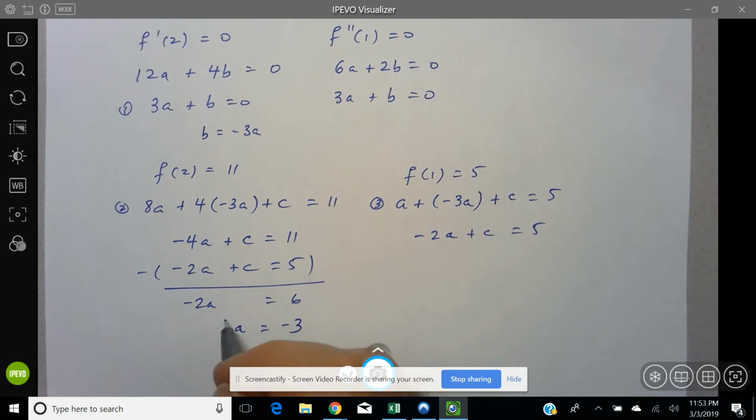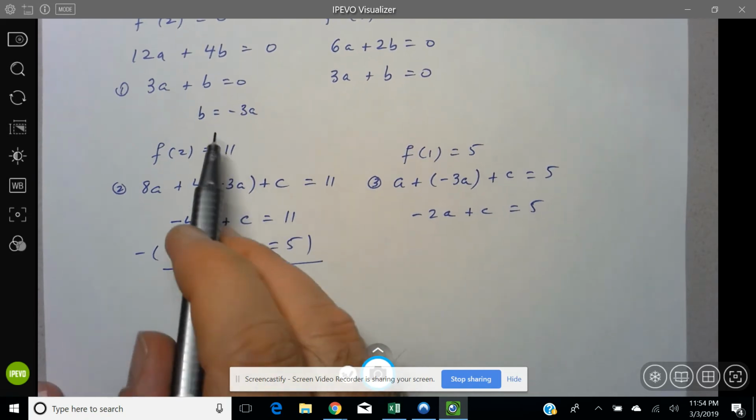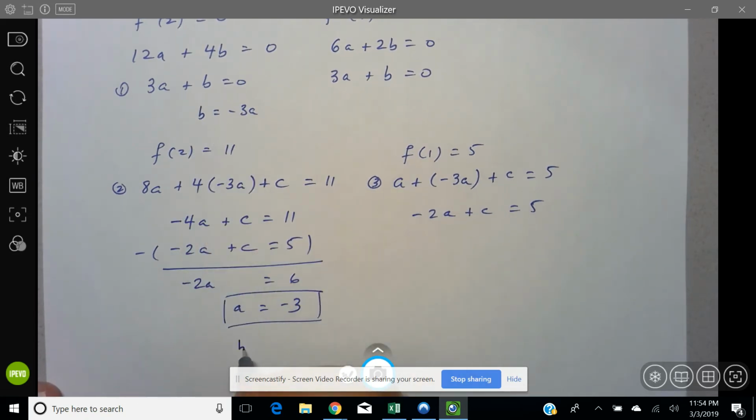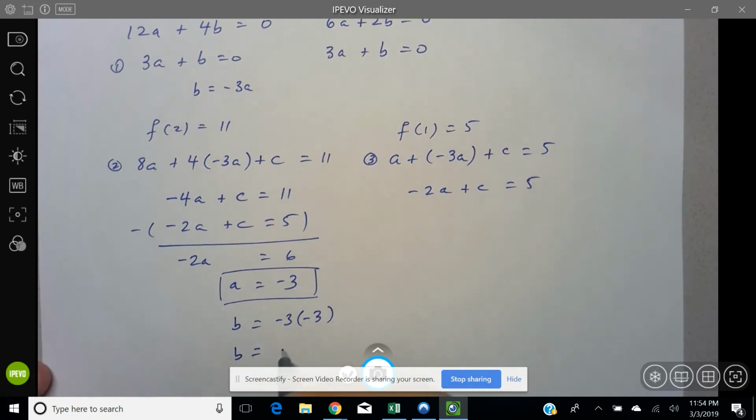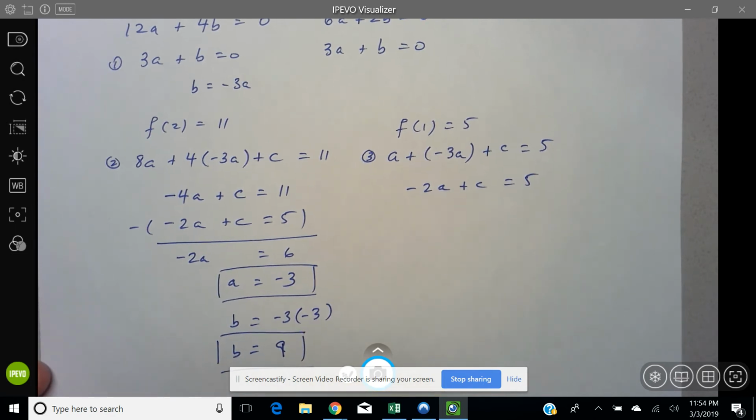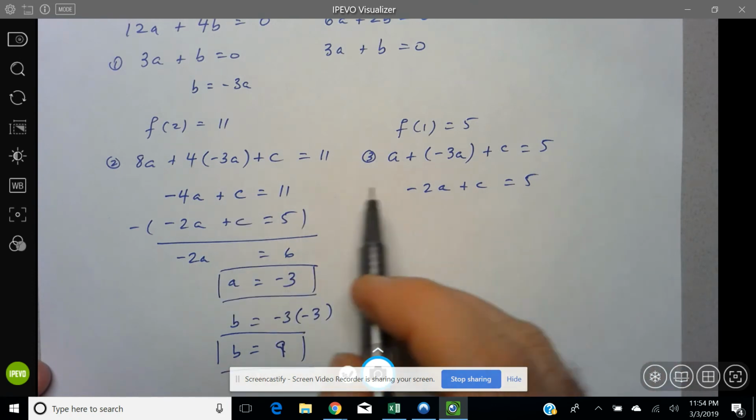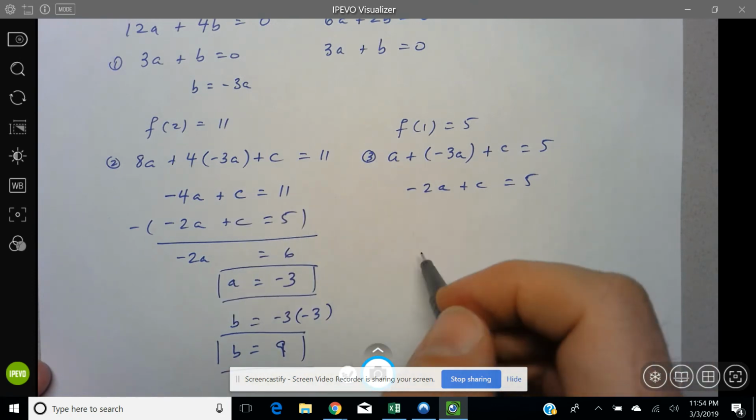All right. So there we go. We found our a value. Now remember that our b value is just given by negative 3a. So b is just equal to negative 3 times a, which is negative 3 times negative 3. So b is equal to 9. All right, and the last one here for c, I can use either one of these equations. I'll use equation 3 here.